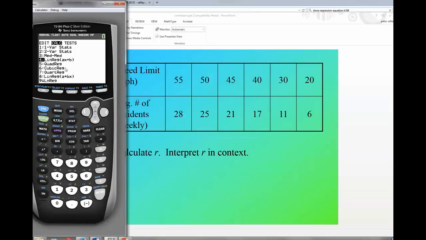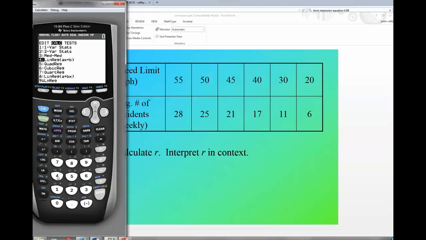Now notice there are two choices here for linear regression, number 4 and number 8. They both do the same thing. One says the dependent variable is y versus the dependent variable is x. It doesn't really matter because we're going to look at properties of both in a moment.